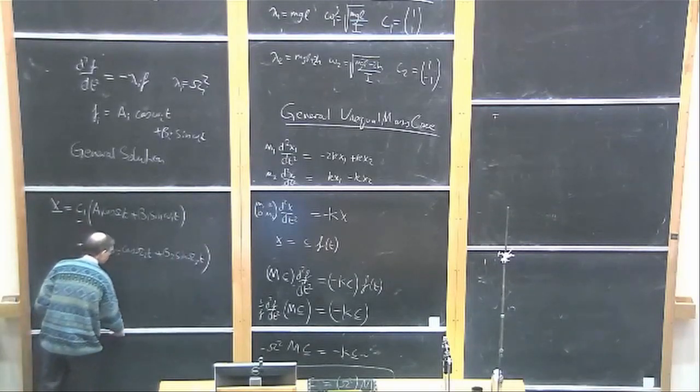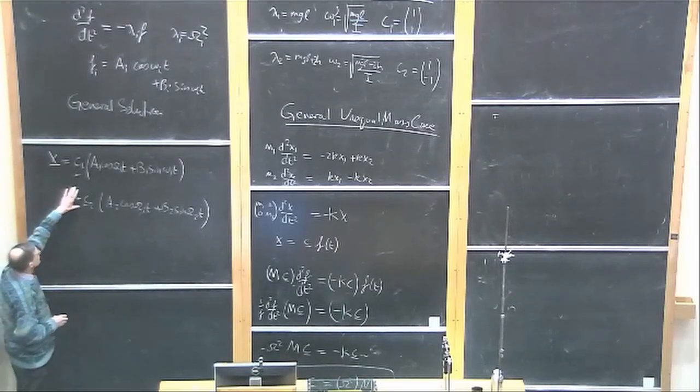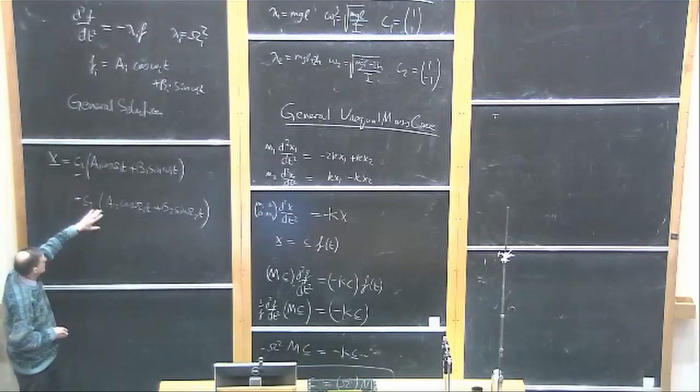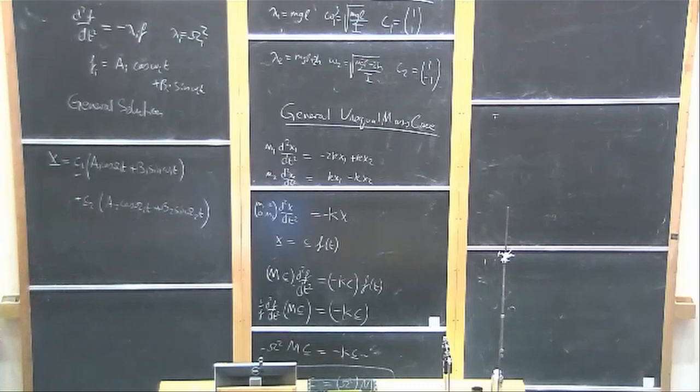So that's the same. You can't tell just by looking at that we're in a different type of solution and a different type of problem. This bit here, the solution in terms of normal modes with arbitrary coefficients a's and b's, looks identical to the general solution in the previous case.